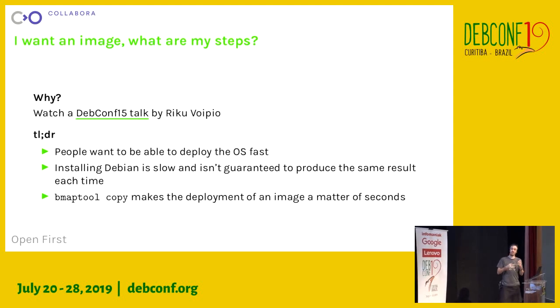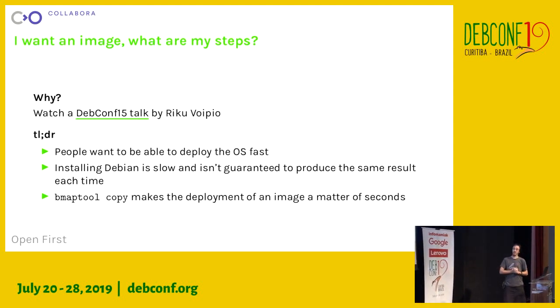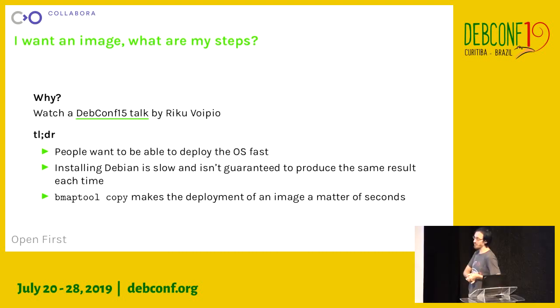And then if you have a ready image pre-built, copying it to an SD card makes it a matter of seconds, especially if you use bmap tool and not dd. Bmap tool is a really cool thing which actually writes only the parts of the image which are necessary and doesn't write all of the emptiness, which dd doesn't know how to avoid.